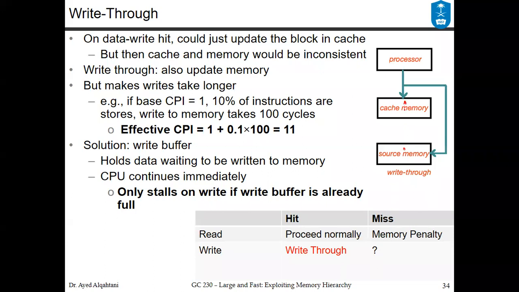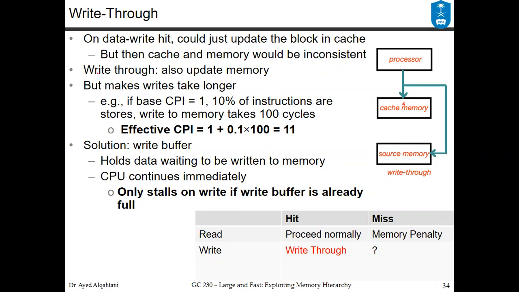Anything you write in the cache should match what's in the main memory. So on a data write hit, you could just update the block in the cache and that's it. But then the cache and the memory would be inconsistent. They don't have the same value.